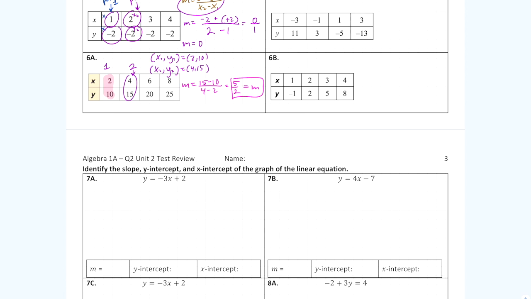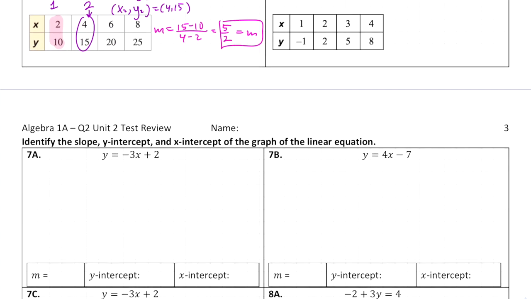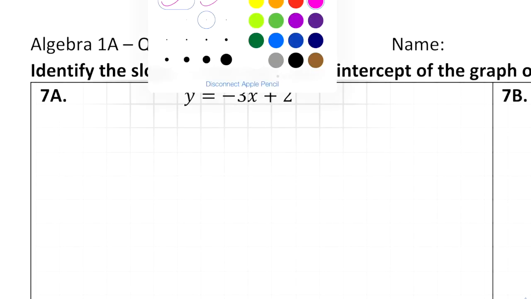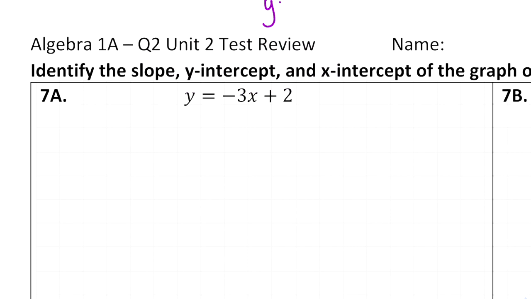Number 7. I need to identify the slope, the y-intercept, and the x-intercept of the graph of the linear equation. Now, if I'm looking at 7a, something that's nice about this is it's already in slope-intercept form. Now, in the last video, we talked about what slope-intercept form was, which is y equals mx plus b, where m is the slope, okay, specifically the m, not the x, and b is the y-intercept, okay?